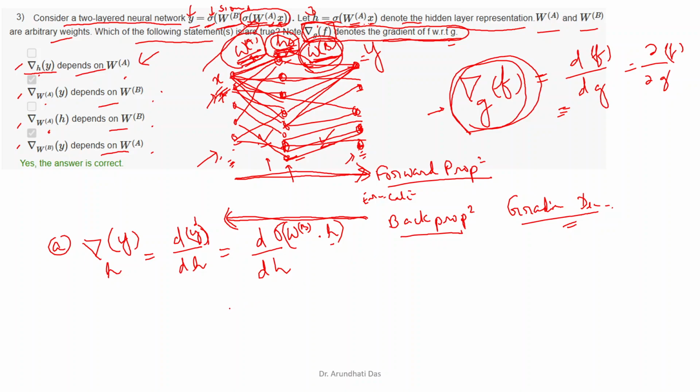Since we are taking the derivative with respect to h, and my numerator term also has h, this derivative will yield a somewhat complicated calculation, but it will always have the parameter wb. Whatever value we get will include wb.